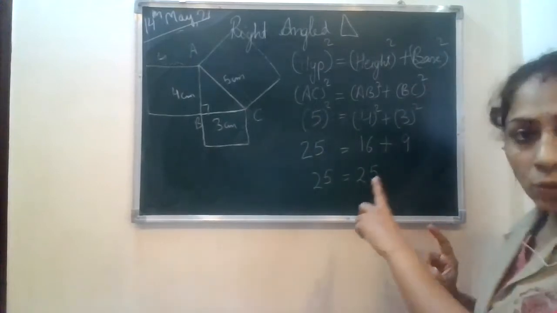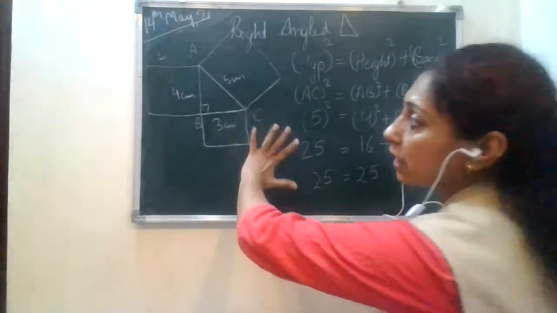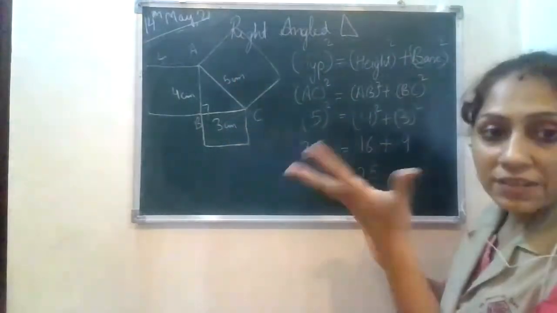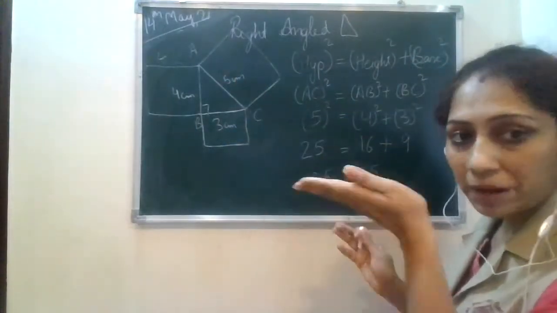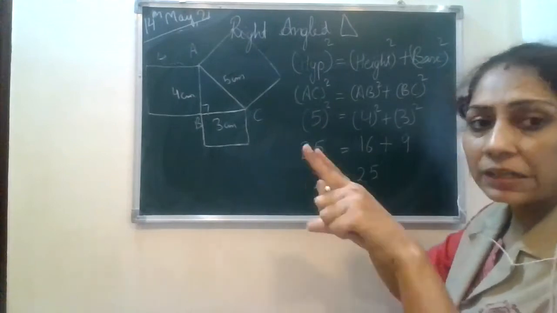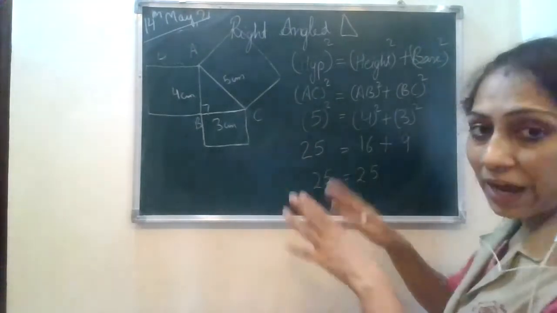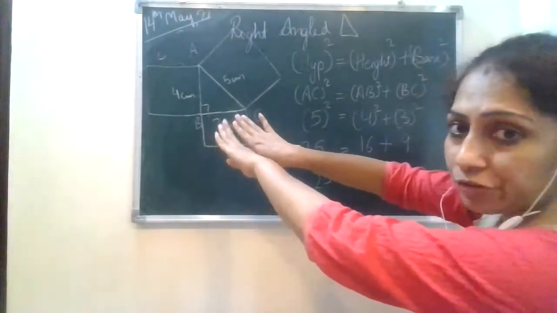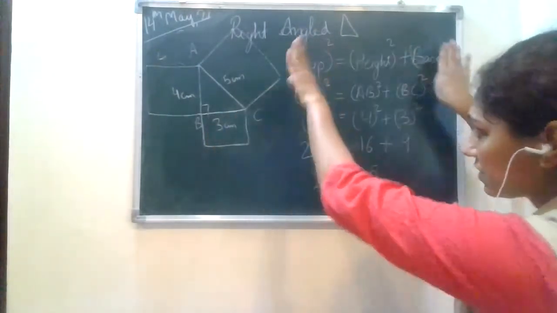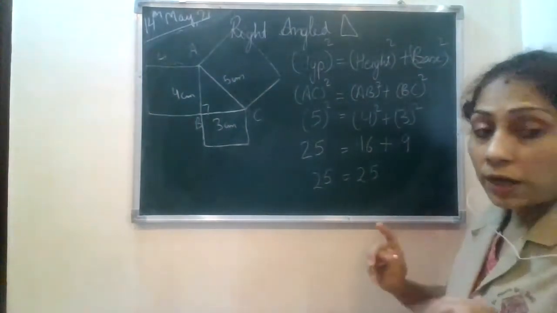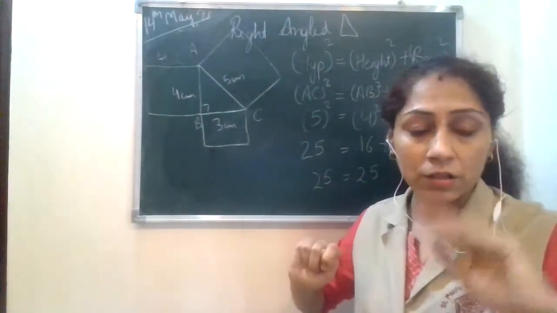Fine. So it is proved. This is an activity that you're supposed to do in your maths practical notebook. You will cut out of a paper 3 squares, one of 5, one of 4, and one of 3, and you arrange them in such an order so that this result will come out to be true. Had it been 2 centimeter, it's not possible.